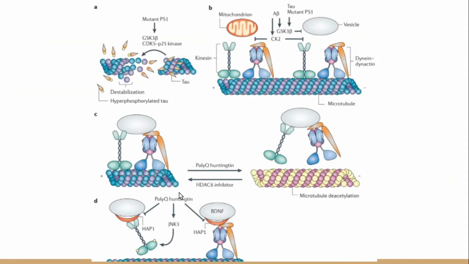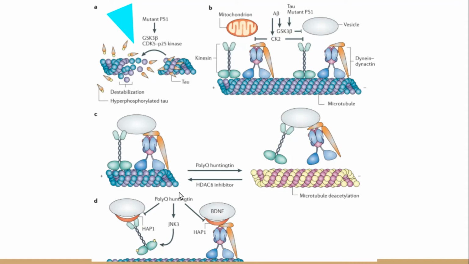So let's look more specifically at some of the dysfunctions, mutations, and various pathological processes associated with our molecular motors, kinesin and dynein. The top two figures are illustrating some of the pathological consequences of mutations linked to Alzheimer's disease. PS1 or presenilin-1 is an enzyme that functions to cleave amyloid beta precursor protein, and its mutation results in increased amyloid beta production.